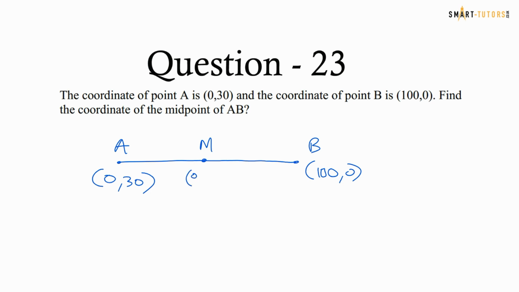So x coordinate 0 plus 100, divide by 2, comma, y coordinate, add them up and divide by 2. So 30 plus 0 and divide by 2. 100 plus 0 is 100, divided by 2 is 50, and 30 plus 0 is 30, divided by 2 is 15. So the answer is (50, 15). That is the answer for question number 23.